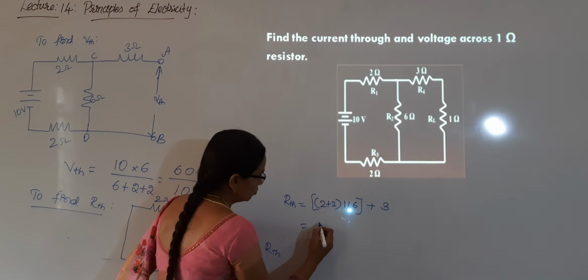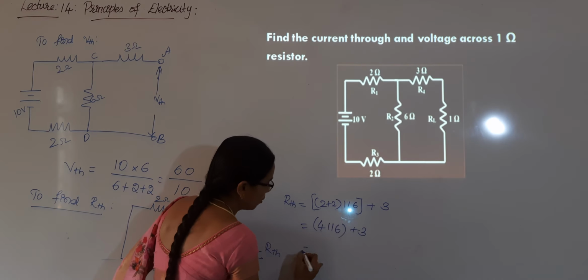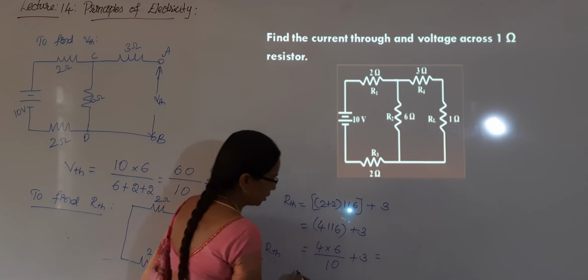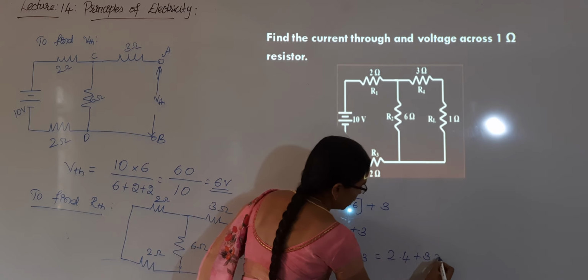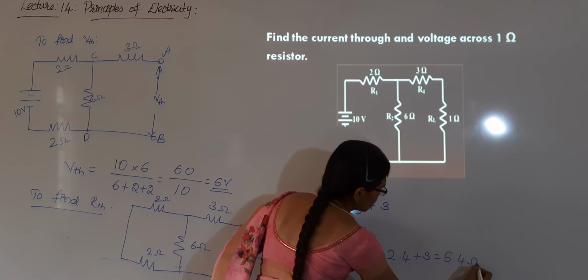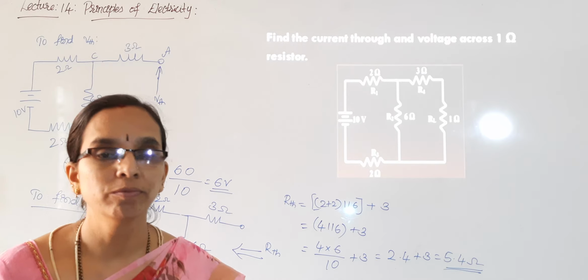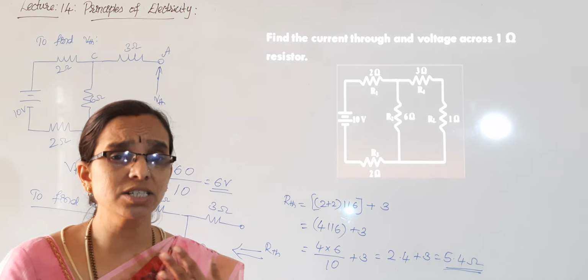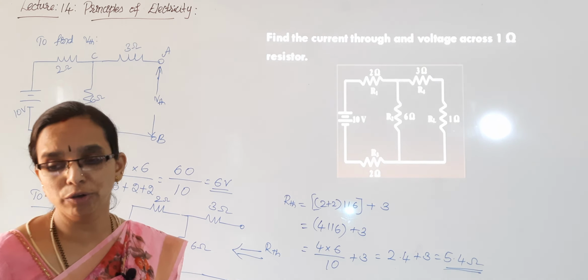So 4 parallel to 6 plus 3, it will be 4 into 6 divided by 10 plus 3, that is 2.4 plus 3, 5.4 ohm is the value of RTH. We found out 5.4 ohm for this circuit. We have VTH, that is of 6 volt, and RTH 5.4 ohm.